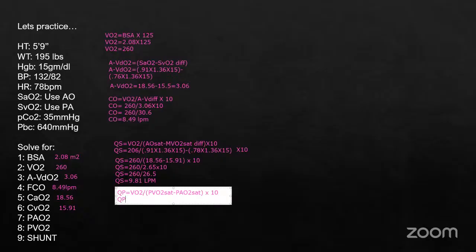QP equals, I already have 260 before I mess it around again. Now, what is my PV saturation here? I'm going to go ahead and plug everything. Here's my PV. Go look at your diagram.